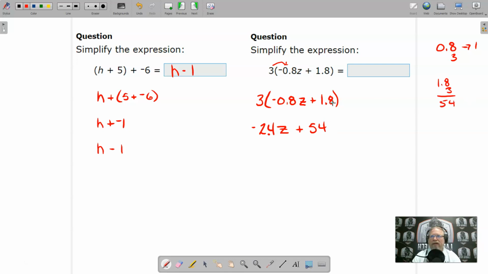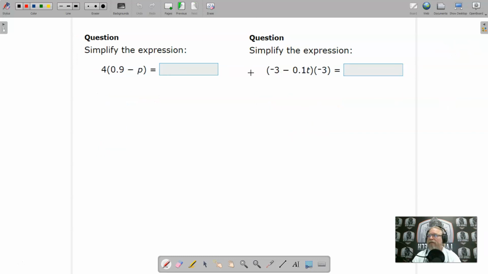And I have one decimal place value there, right? So I need to go one decimal place there. And so I'm going to end up with negative 2.4z plus 5.4. If you're not good with decimals, you can always use a calculator, right?